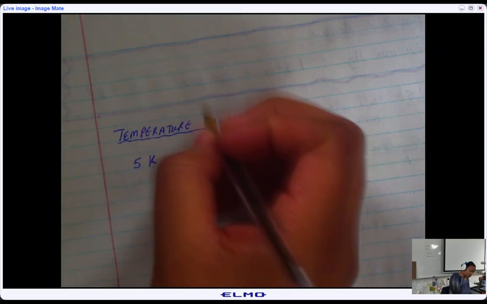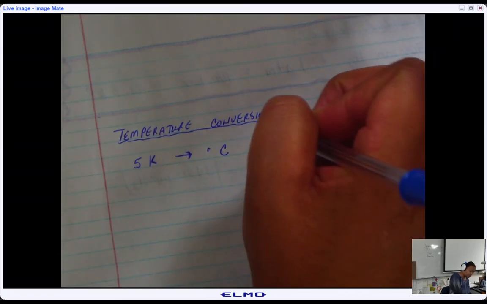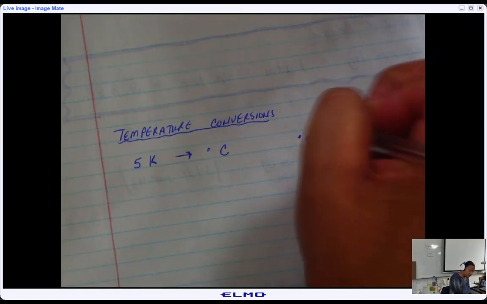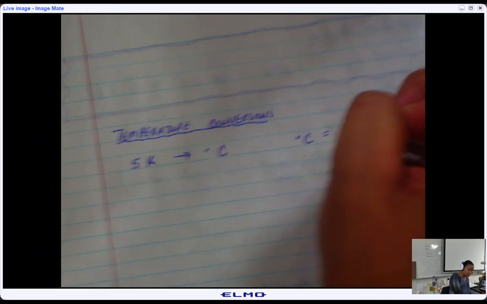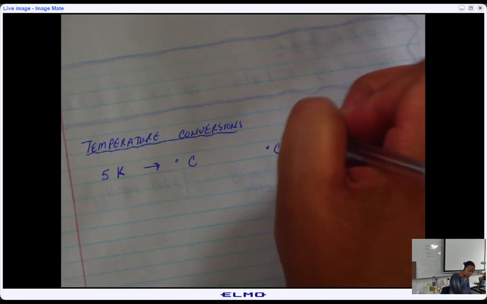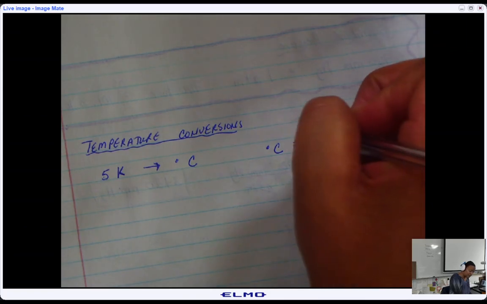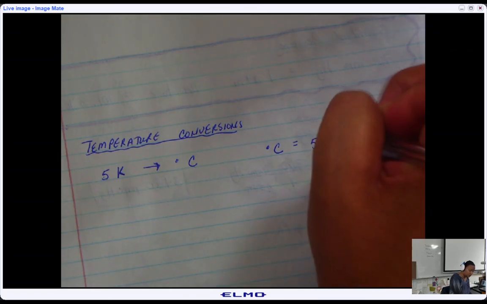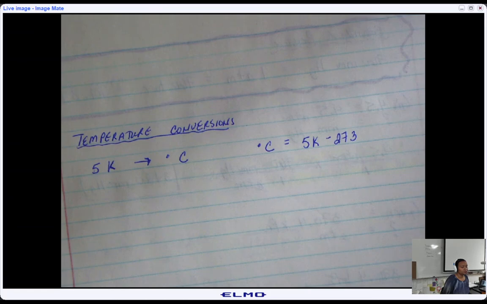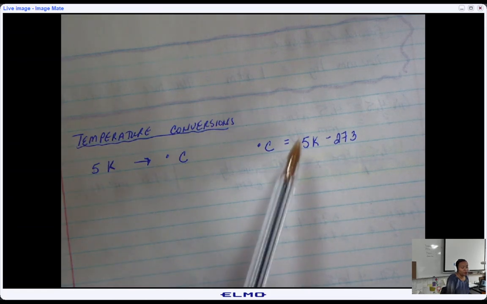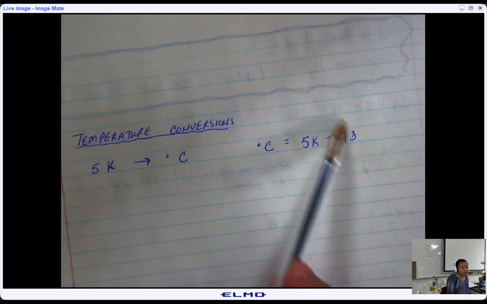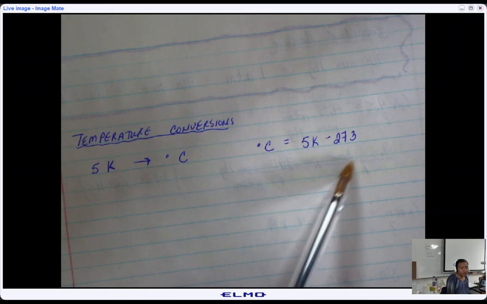So the way you would do this is degrees Celsius equals 5 Kelvin minus 273. Now, sometimes I have students that get confused as to whether this is going to be negative or positive.